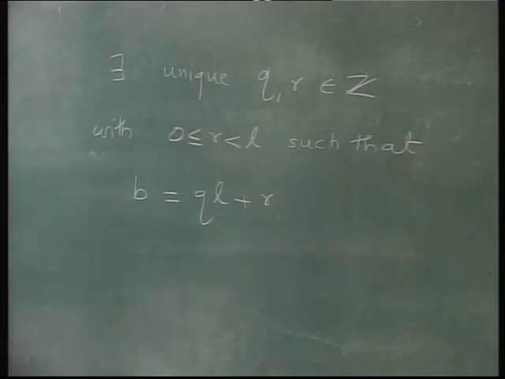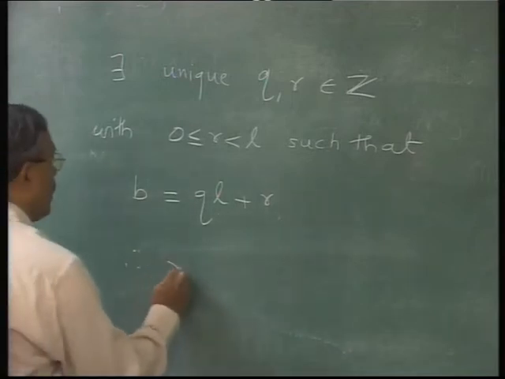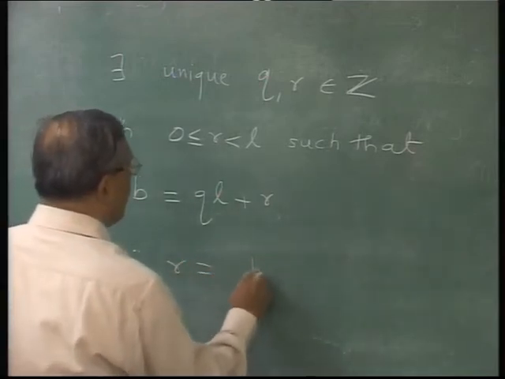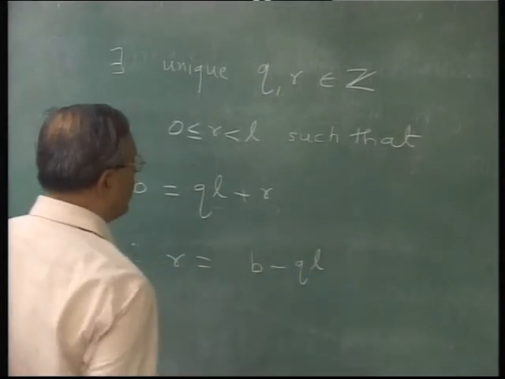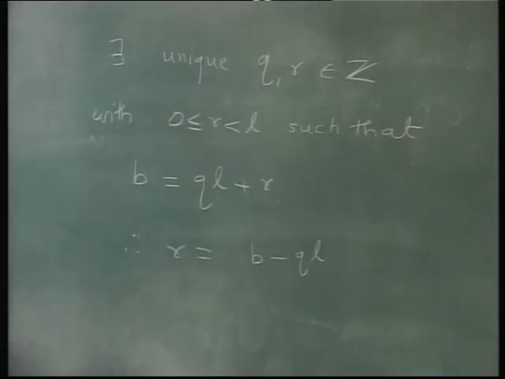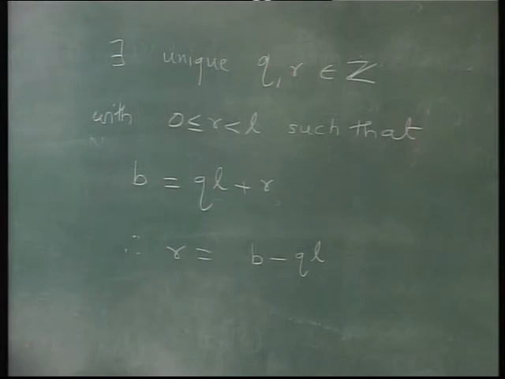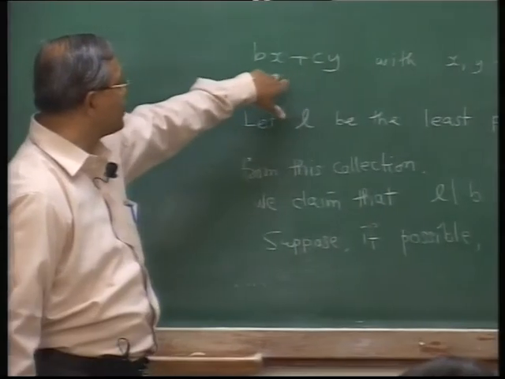Now this R can be written in terms of B and L. Therefore, R equals B minus Q times L. And this L is already among these numbers Bx plus Cy.